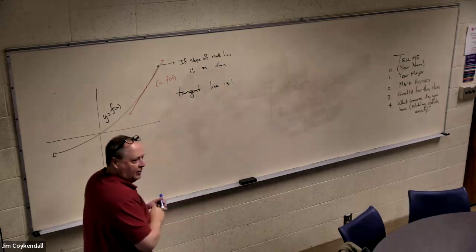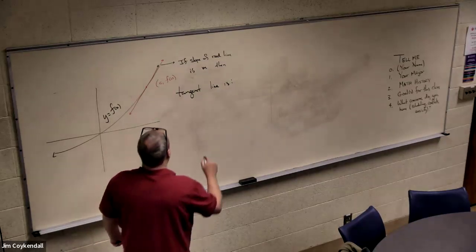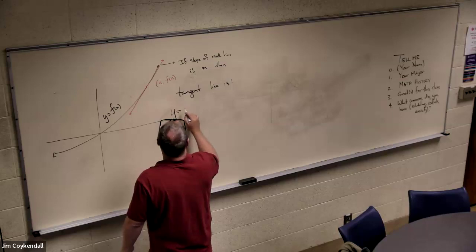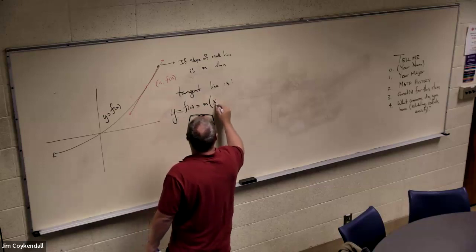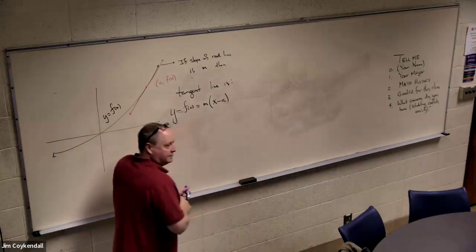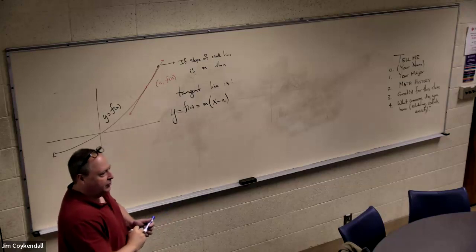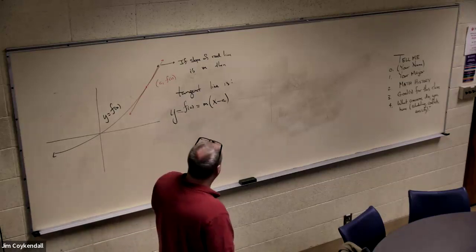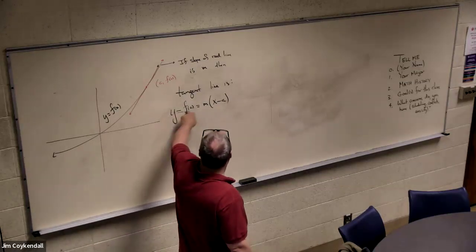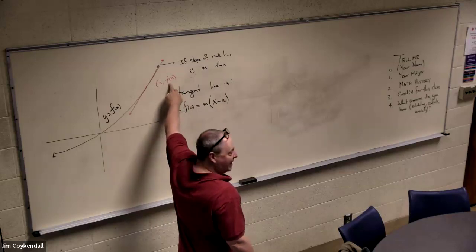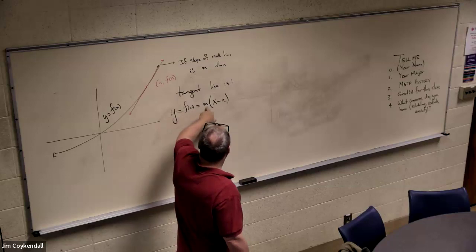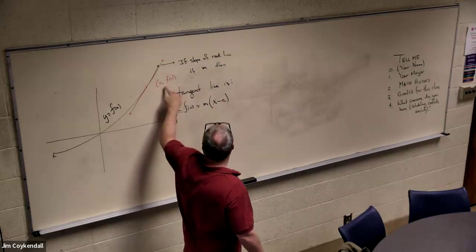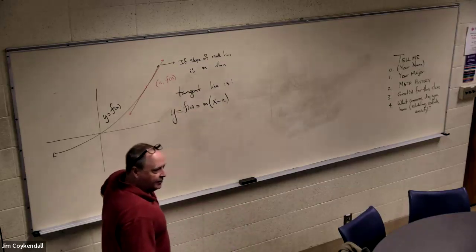And all I have to do is use the point slope form. It's y minus f of a is equal to m times x minus a. Y'all remember this point slope form of a line? Y minus the y coordinate of the point, f of a, is slope times x minus the x coordinate. It's the old point slope.